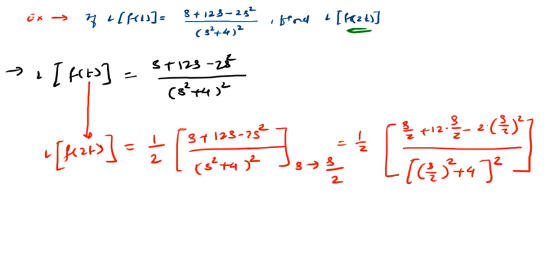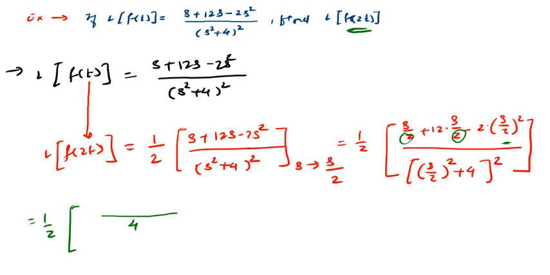Now solve this. After solving, this will be 1 by 2 in bracket. Taking the LCM, the LCM of 2 and this is 4.